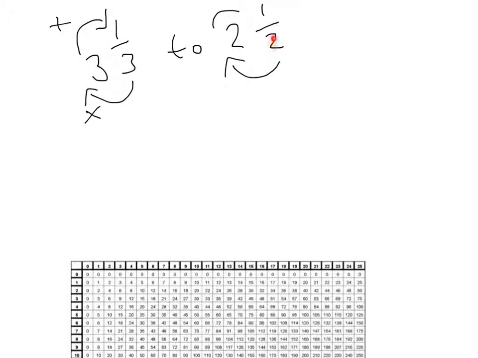We multiply the denominator with the whole number, and then we add that result to the numerator. So let's go ahead and do that. We have 3 times 3 is 9 plus 1 equals 10.